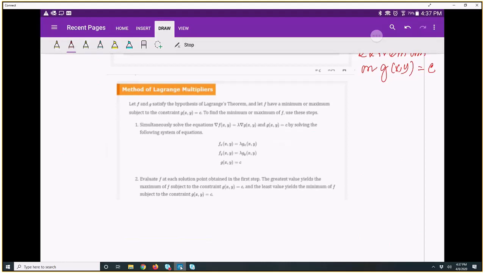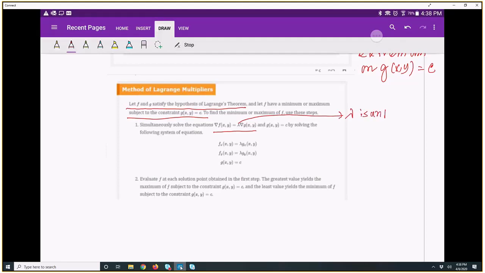What I do, remember, first I need to start with a similar type of f and g as in the theorem. So my first order partial derivatives should not only exist for both f and g, they should be continuous. It must have a minimum or a maximum subject to a constraint g(x, y) or g(x, y, z), depending on how many variables you have. Then first you say the gradient of f is equal to lambda times the gradient of g for some lambda, and at this point lambda is unknown.